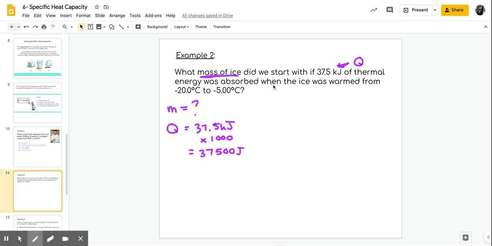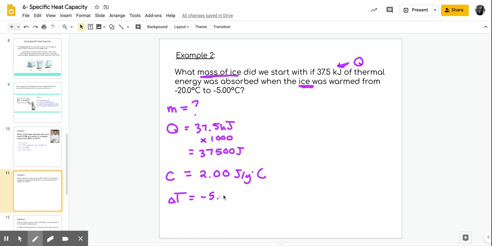Okay. It says when ice was warmed. So that means I'm looking at C. Well, which C am I going to pick? I'm going to pick the C, ice. So this is at the bottom of your periodic table, just 2.00 joules per gram degrees Celsius. And then it says the temperature was warmed from -20 to -5.